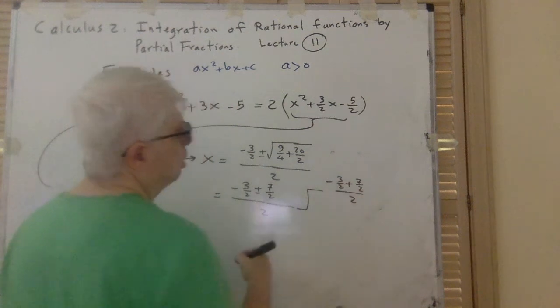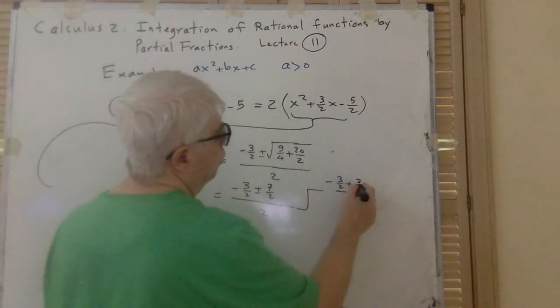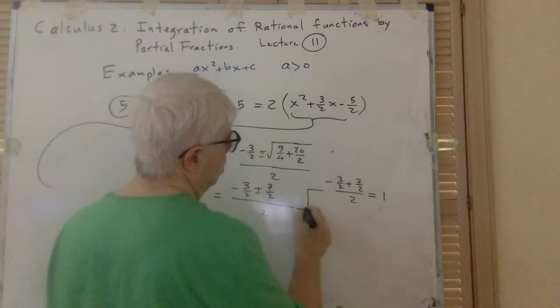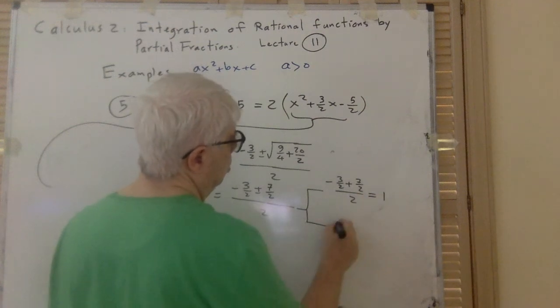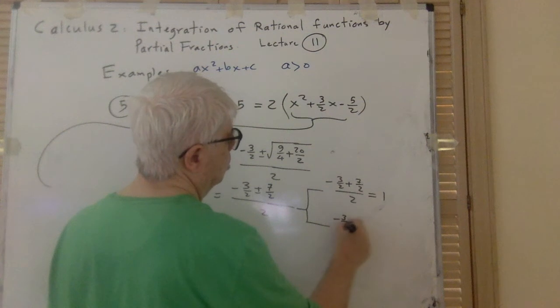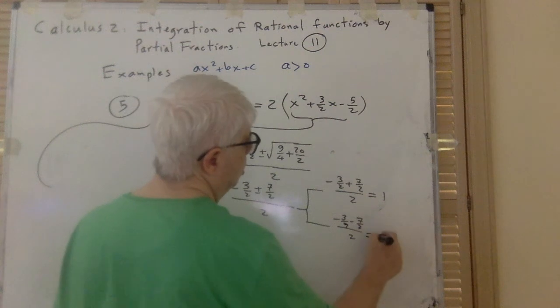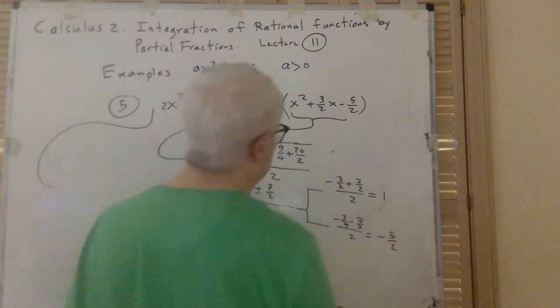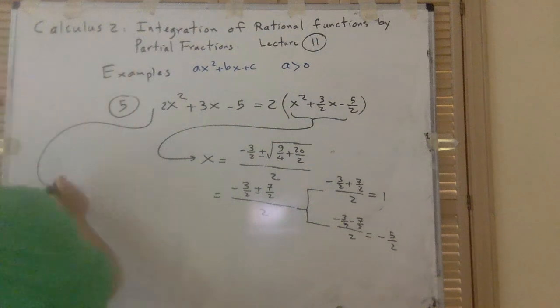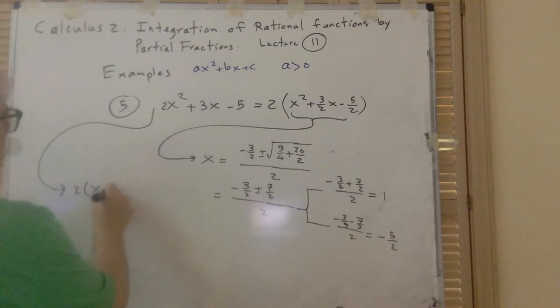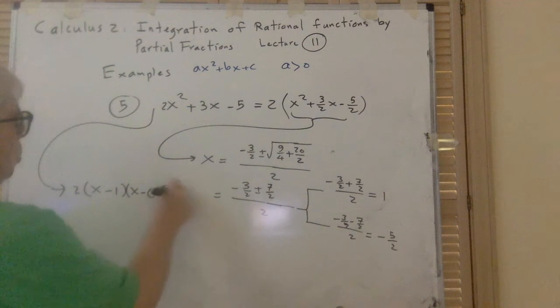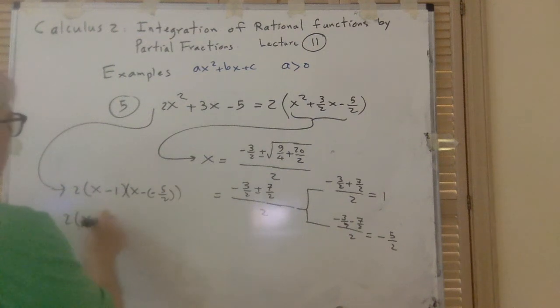That is 7 minus 3 is 4 over 4, that is 1. And the other one is minus 3 halves minus 7 over 2, over 2. That is 10 over 2, 5, minus 5 over 2. But let's hope it's correct. So anyway, that is 2 times x minus 1 times x minus minus 5 over 2. So it is 2 times x minus 1, x plus 5 halves.